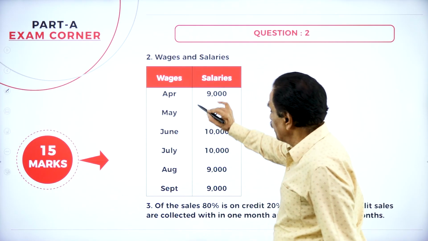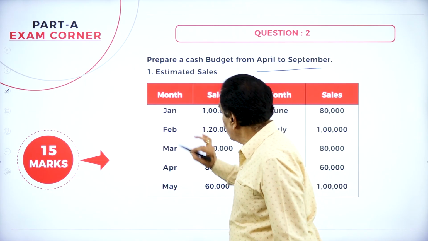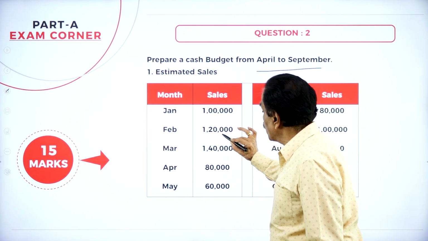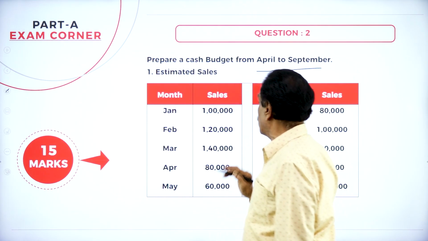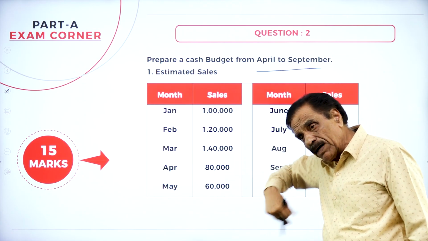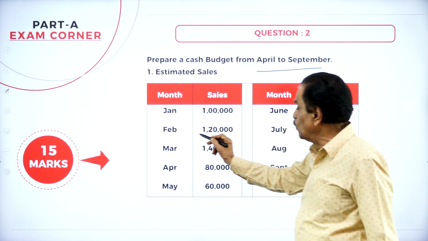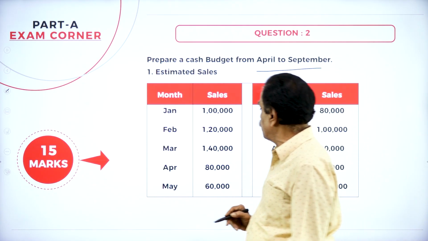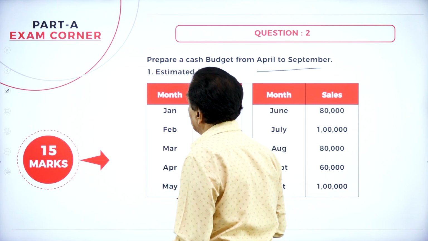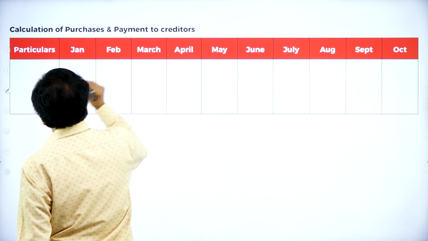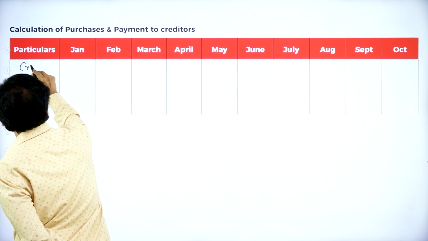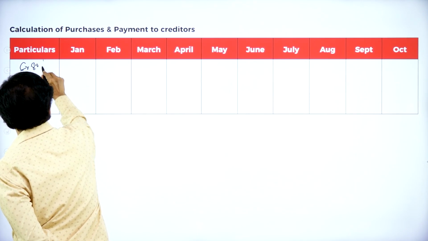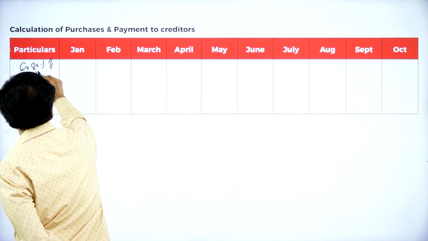You have April, May, February; 80% of this will come in January. 80% of February, next month's sale, is the previous month's purchases. How much do you have? 1,20,000. So 80% of this is creditors paid, 80% of next month.